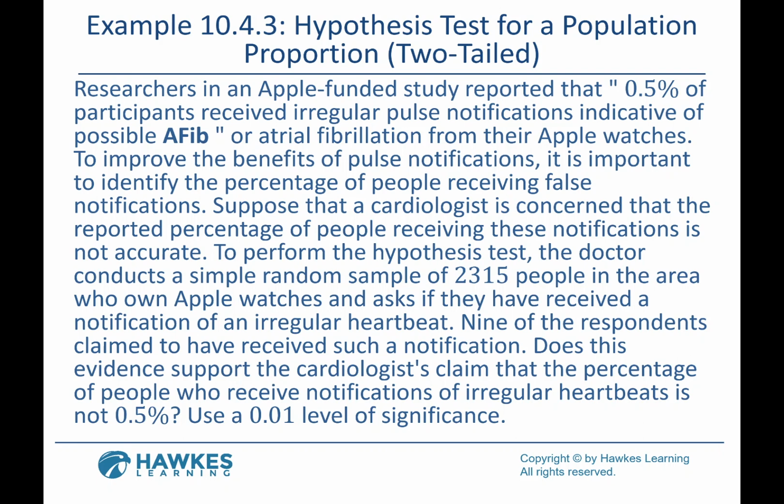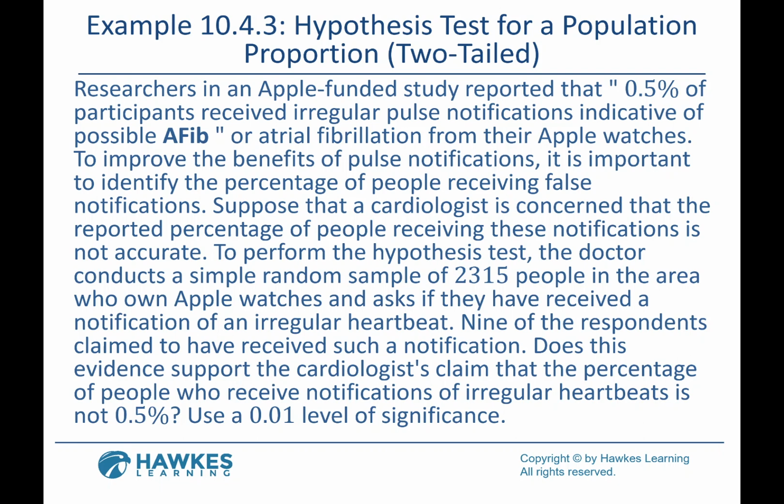So the doctor just wants to check this number put out by Apple. So his claim that we want to test is that the percentage of people who get these notifications is not 0.5%.